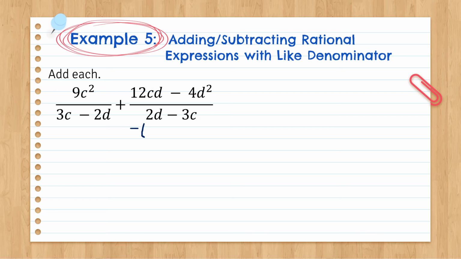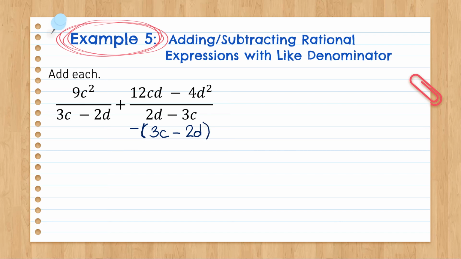Si 2d naman ay negative sa unang fraction at positive naman dun sa ikalawa. So, since magkaiba lang sila ng sign, i-factor out natin si negative 1. So, si negative 3c ngayon ay magiging 3c na lang at si 2d ay magiging negative 2d. Yan. Ito yung factor ng ating denominator.